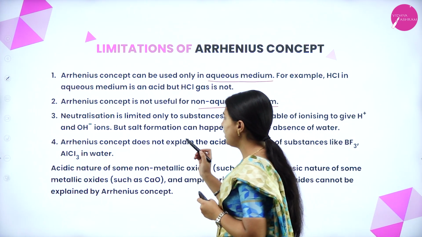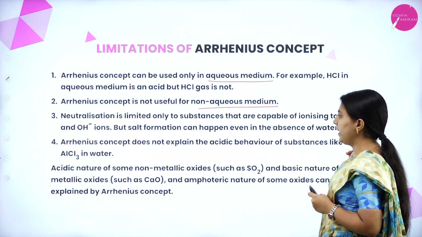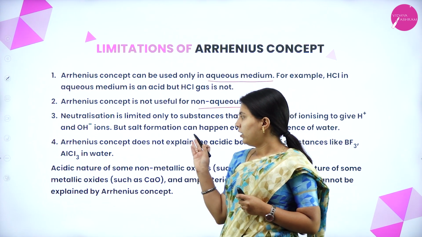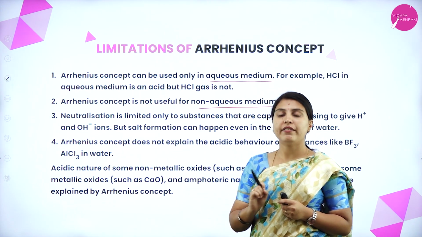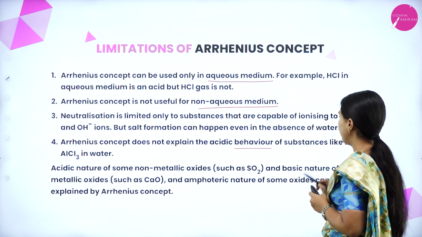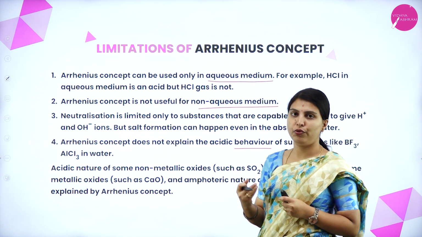Okay. The Arrhenius concept does not explain the acidic behavior of substances like BF3 and aluminum chloride in water. It does not give any idea about the acidic behavior of substances like boron trifluoride and aluminum trichloride in water.